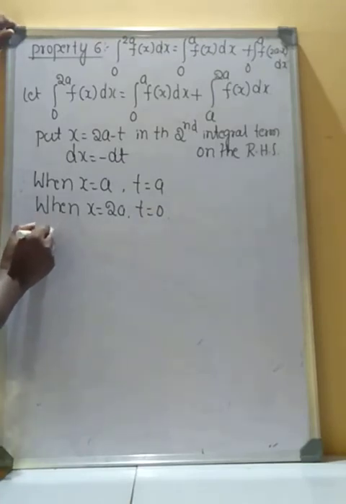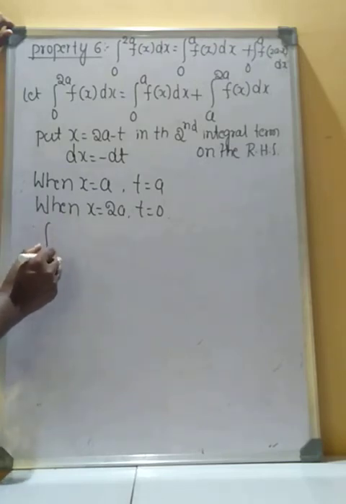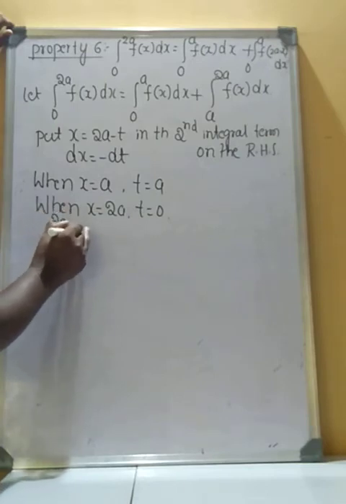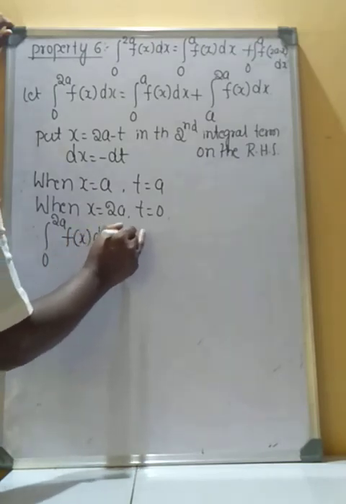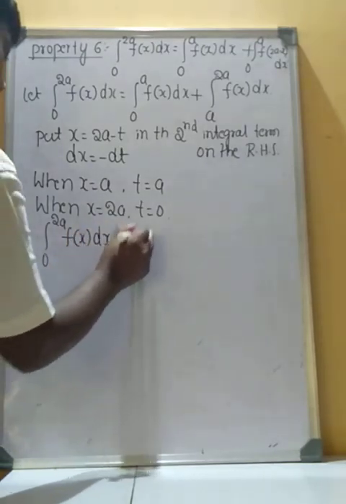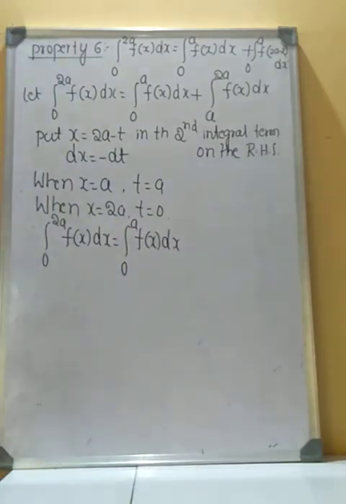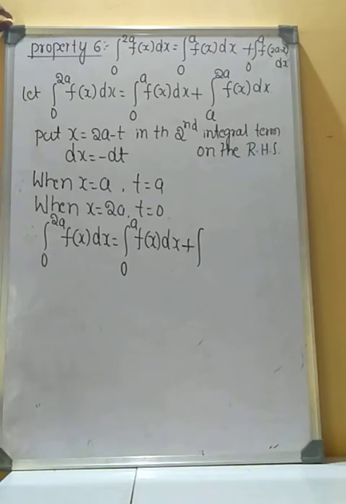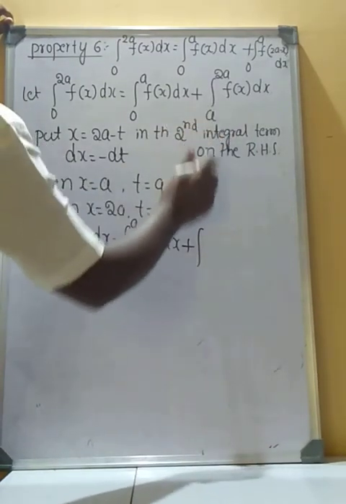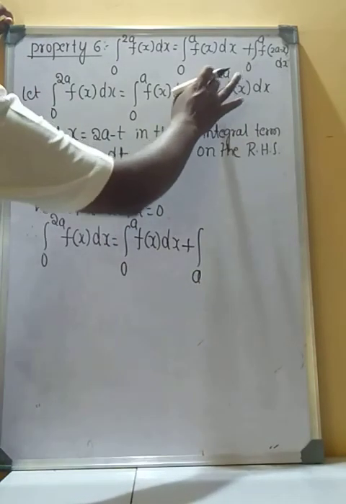So therefore, integral 0 to 2a f of x dx is equal to integral 0 to a f of x dx, as it is the first integral term, plus the second integral term: when x is a, t is a, and when x is 2a, t is 0.